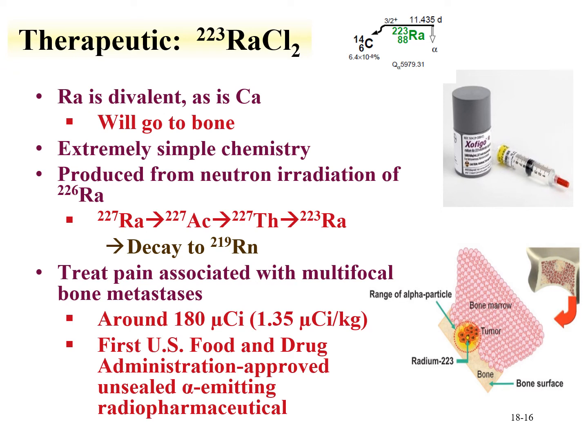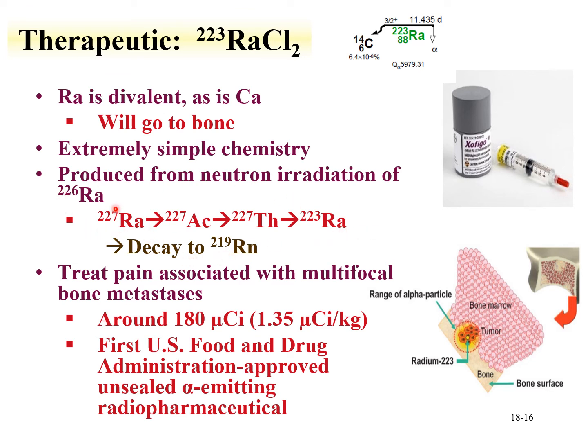Radium-223 is produced from the neutron irradiation of radium-226. Radium-226 obviously will also go to the bone. However, its half-life is 1,600 years, so the specific activity is not nearly as high as the radium-223. And this is the decay.